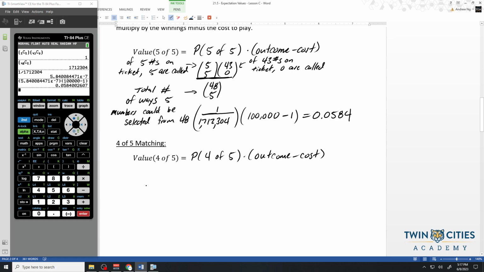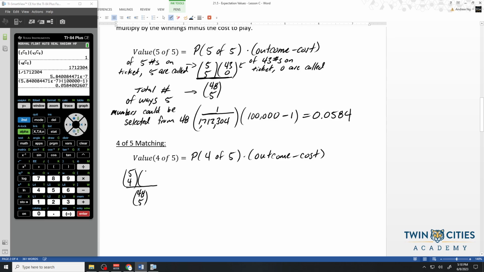So the probability, that'll be of the 48, choose 5 on the bottom. I've got 5 numbers on my ticket. 4 of these are going to be called in order for this event to be satisfied.